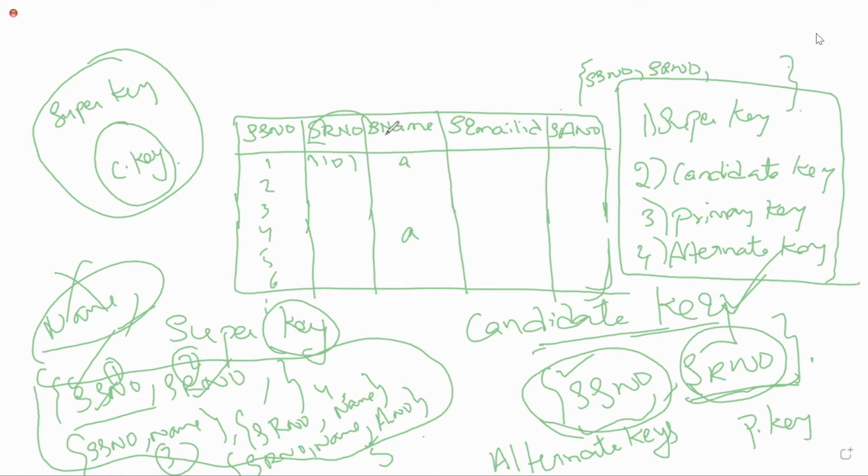And can we write down student name separately? If we only know the student's name, can we identify that person's record? No, because redundant values will exist. So we cannot write it here, only key attributes.